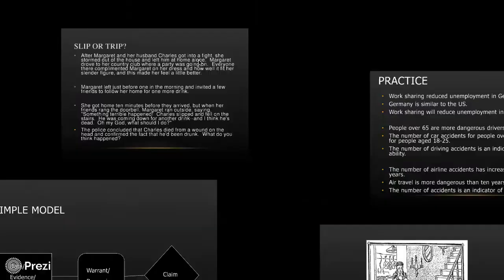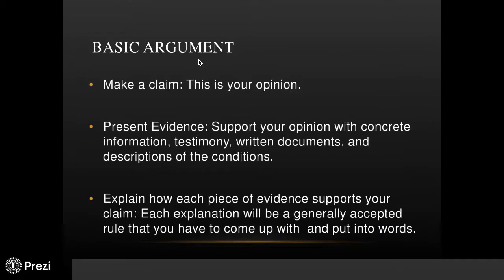So, knowing these details now, I want you to make a claim. And I want you to think about this individually on your own, not start shouting stuff out. Present evidence. Come up with evidence, and we'll go back to the picture, or we can go over any of the details to support your opinion with concrete information. Could be testimony. We don't really have written documents necessarily, but could be descriptions of the conditions, taking a look at some details within the picture, and then explain how that evidence ultimately supports your claim.